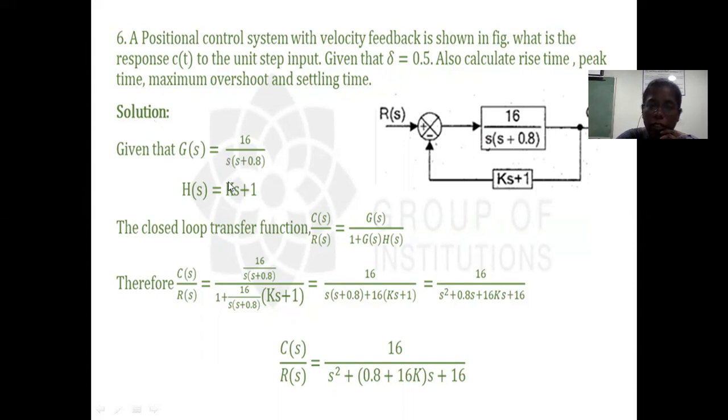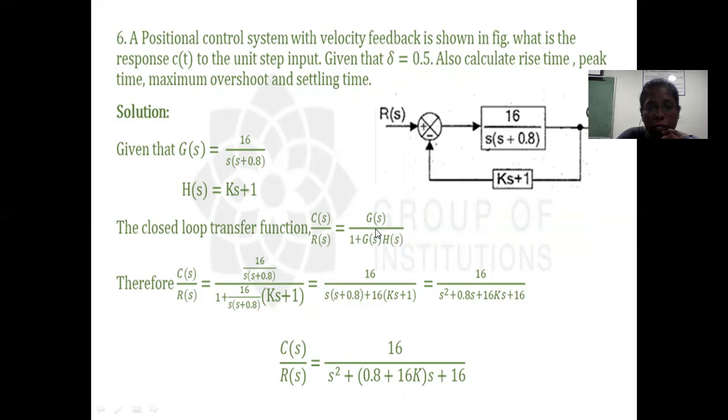Now, to get the closed loop transfer function, we know that the transfer function is the Laplace transform of output by Laplace transform of input, that is C of S by R of S. For the closed loop, it is G by 1 plus GH. Therefore, the formula is G of S by 1 plus G of S into H of S. G of S is given as 16 by S into S plus 0.8, and H of S is given as Ks plus 1.